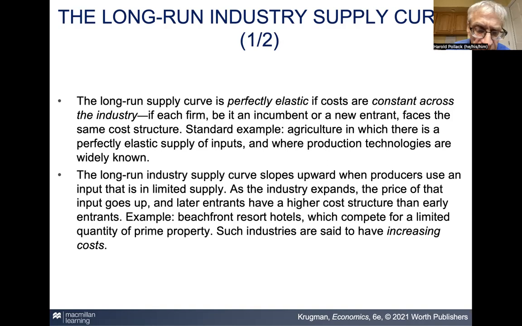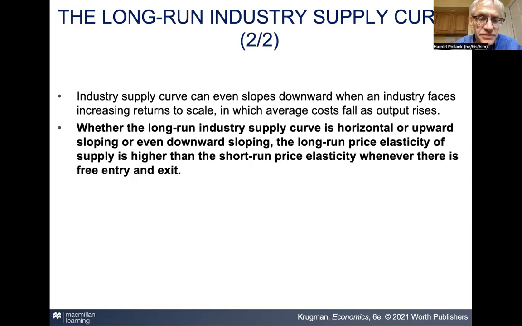Like beachfront resort hotels, they can compete very openly, but there's only so much beach property. So there's a bottleneck that's ultimately going to give that supply curve a positive slope. Those are industries that have increasing costs.